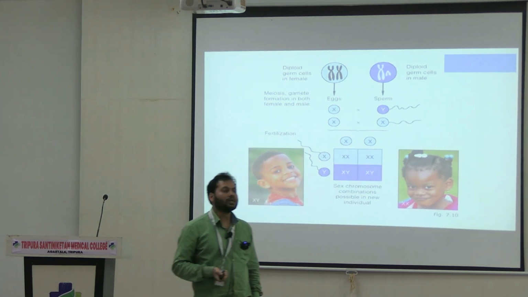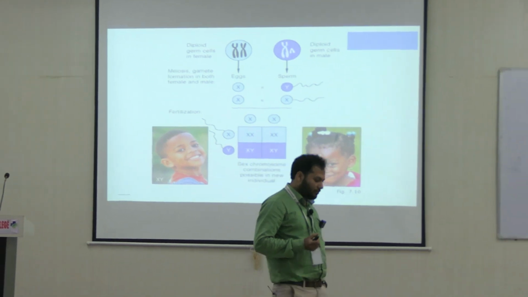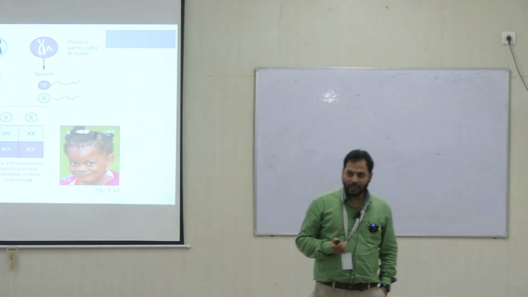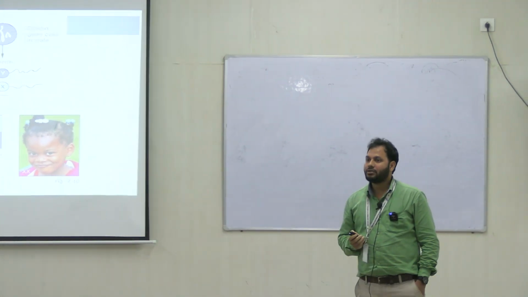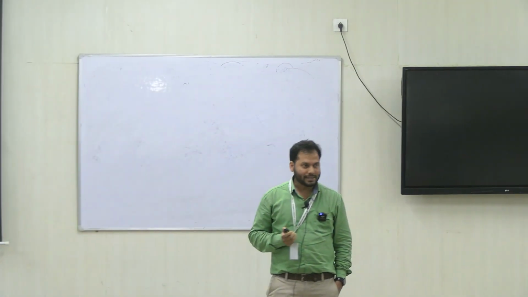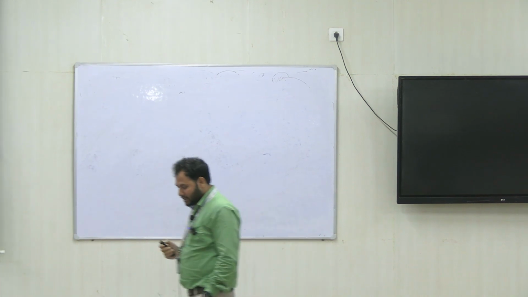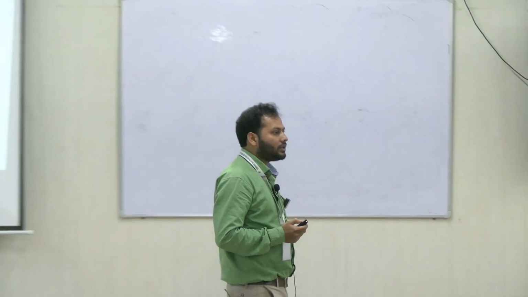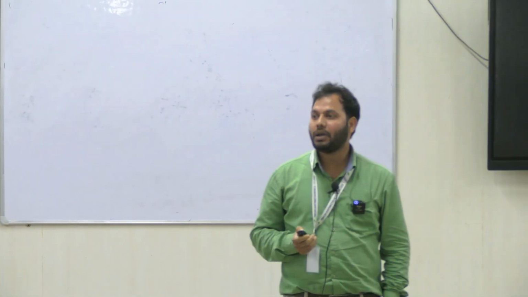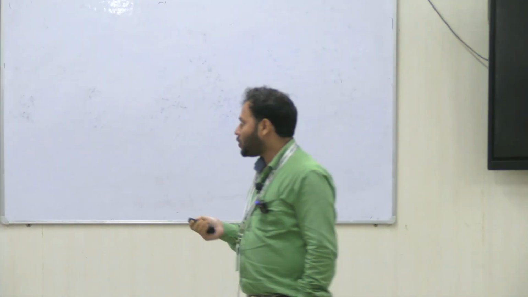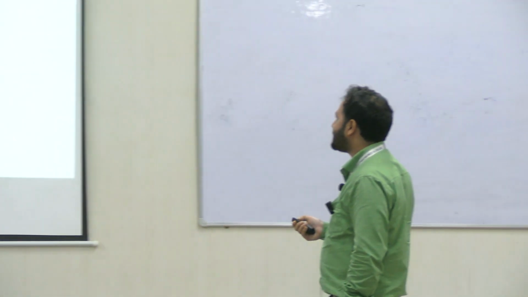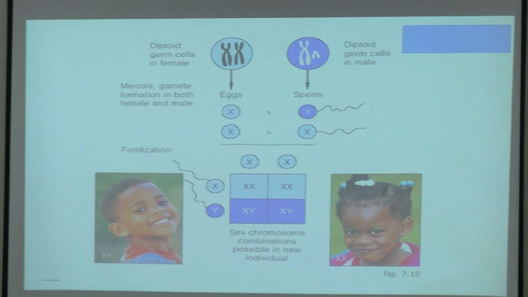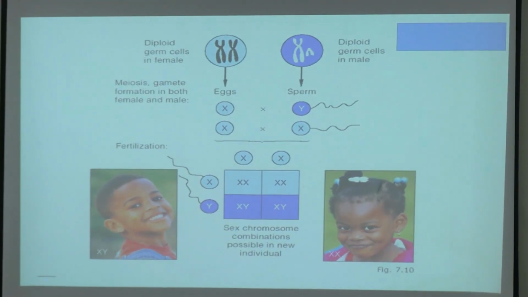As I mentioned, the germ cells of a male are XY, and germ cells of a female are XX. During gametogenesis, a process that produces a certain type of gametes, the female germ cells are XX, that is homozygous.